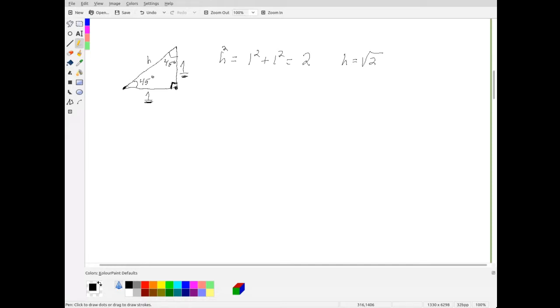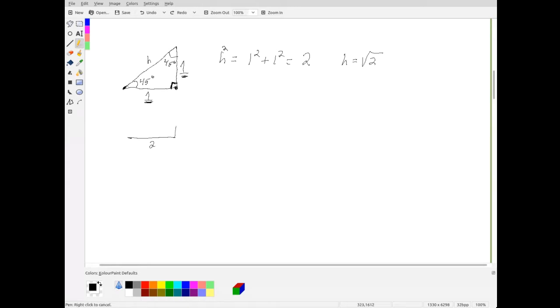So if we look at this on the other hand, let's say that the length of these sides, instead of being 1, let's look at the exact same triangle but make it a different length. So I'm going to make this 2. I'm not drawing it to the scale of the top one.